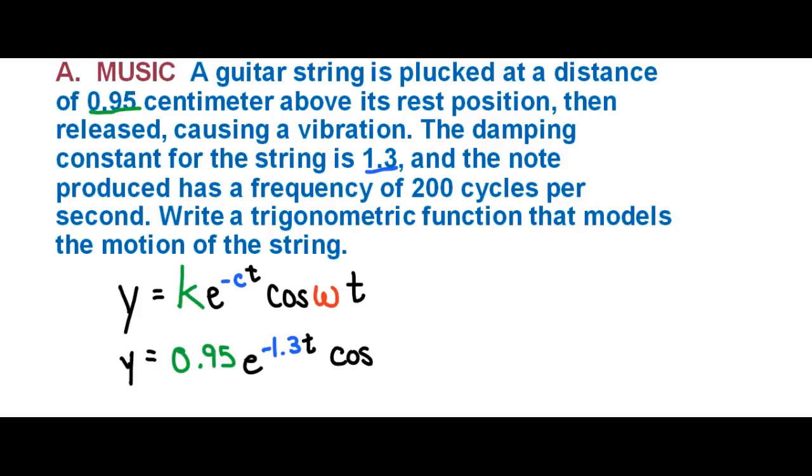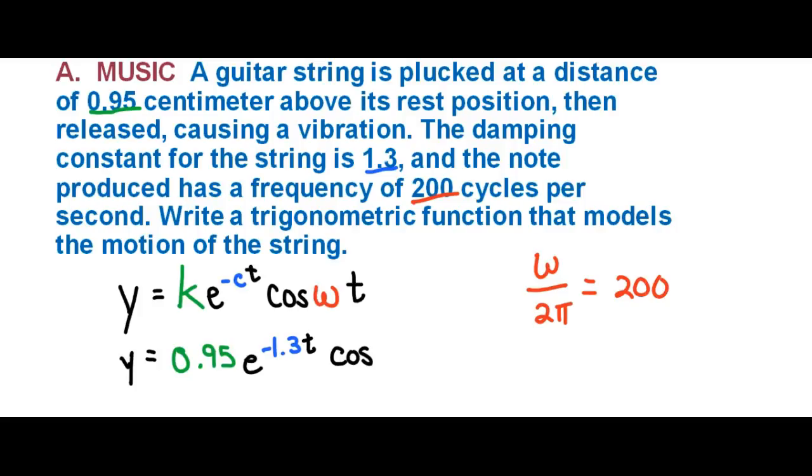Now, omega is going to be represented by how many cycles are per second, the frequency. But what we have to remember is that omega is going to be divided by 2 pi, and that's what gives us our frequency of 200.